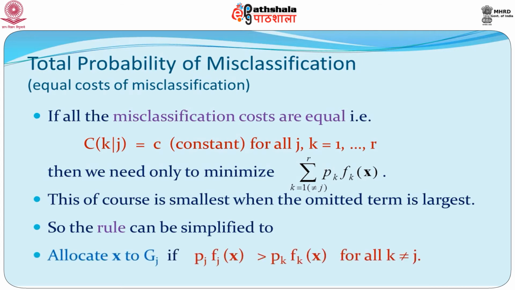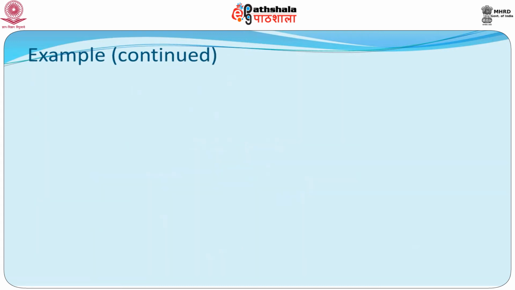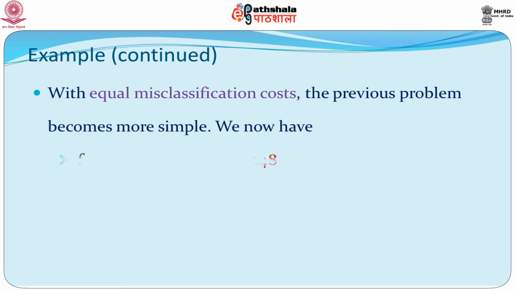So, the rule can be simplified to allocate x to Gj if Pj Fjx is greater than Pk Fkx for all k not equal to j. What happens to our example? We say that the same problem now becomes much simpler.